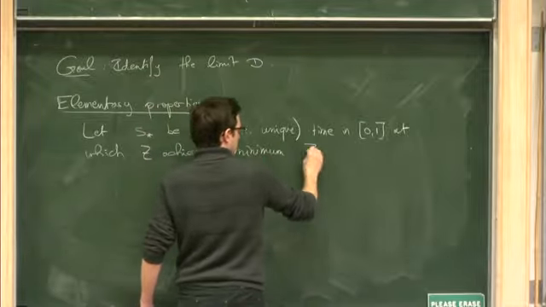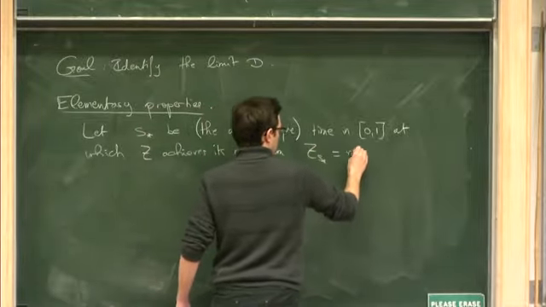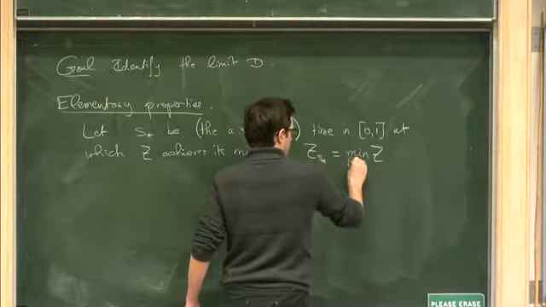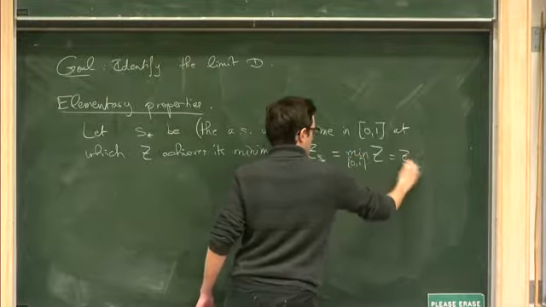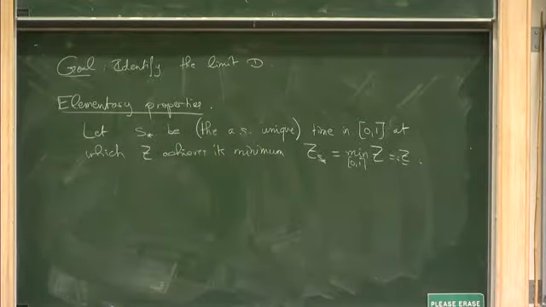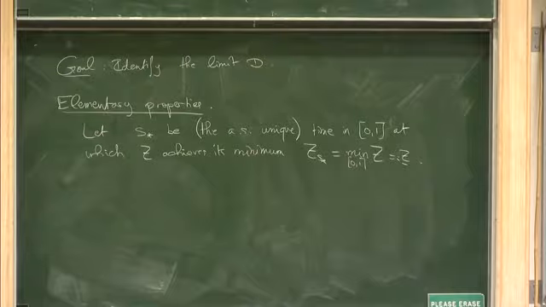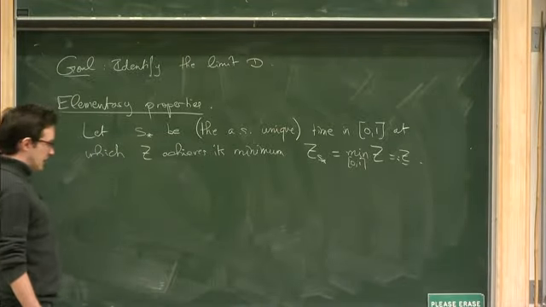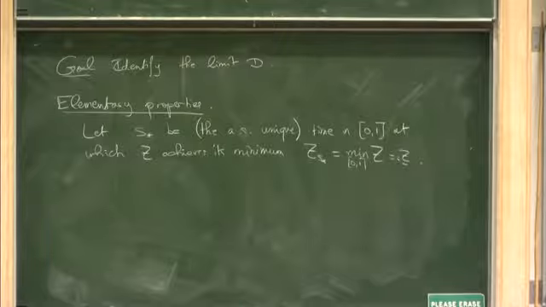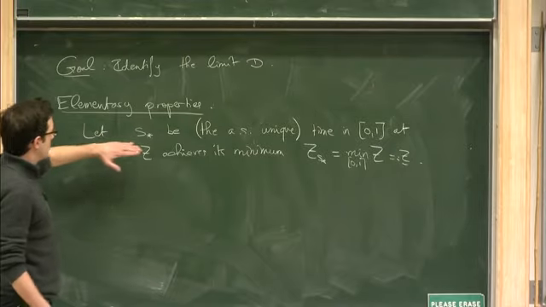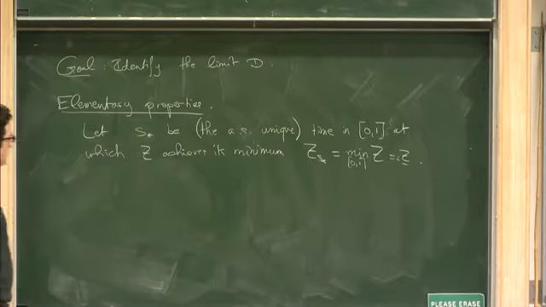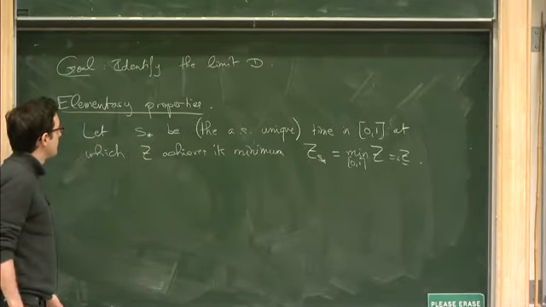So Z of s star is equal to the minimum of Z over [0,1], which I already denoted, I think, by Z bar. The fact that it's almost surely unique is not at all straightforward. You need an argument to do that, but I won't do it here. It's not strictly needed for what I'm going to say, but it's convenient to know that it's unique and that there is no ambiguity in this terminology.